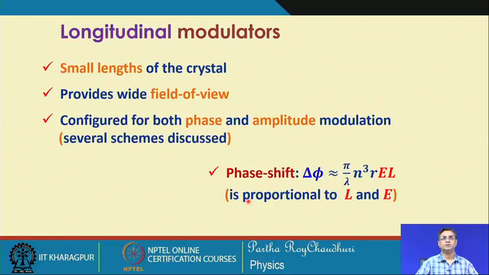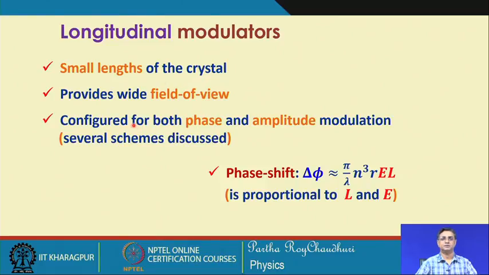In the case of longitudinal modulators, when we devise an electro-optic crystal to function as a longitudinal modulator, it should be of small length and it provides a wide field of view.